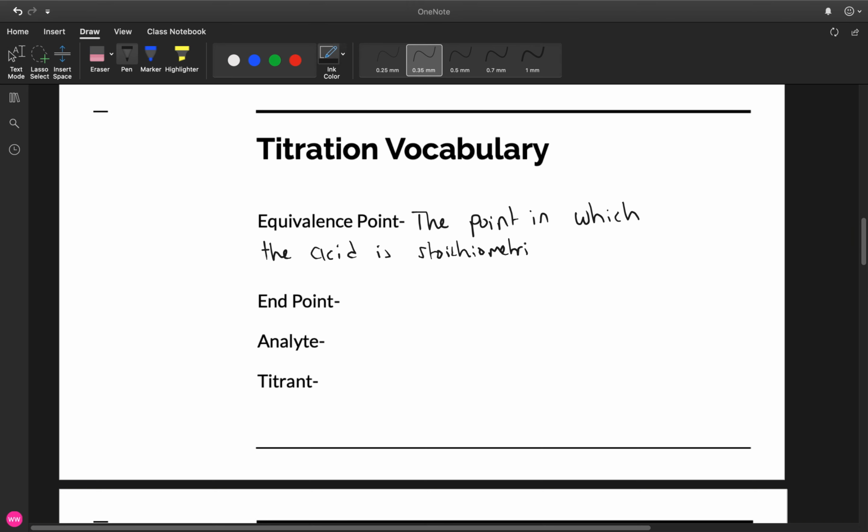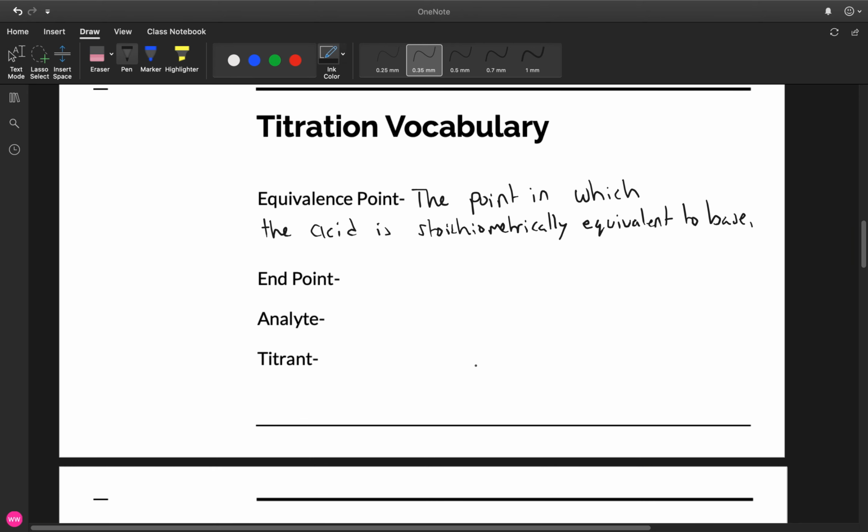Stoichiometrically is kind of a fun word. A lot of the acid-base titrations that we'll look at in this class are going to be monoprotic or have one hydroxide group with them, so really it's going to be a 1-to-1 mole ratio. But we can do titrations with polyprotic acids or with bases that will accept more than one proton.